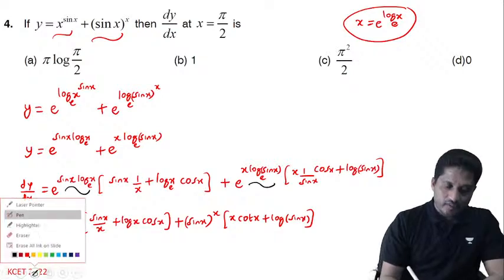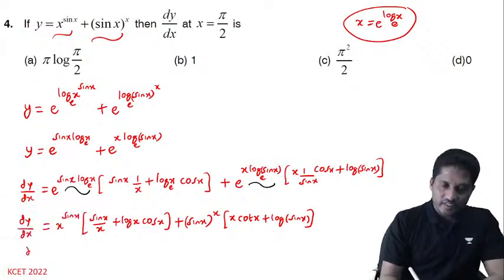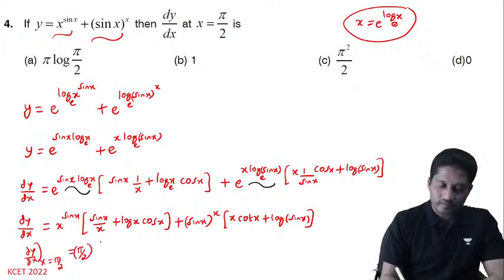Now if I substitute in dy by dx when x is equal to pi by 2. So this is pi by 2 whole to the power of sin 90, which is 1. Again sin 90 is 1, this is pi by 2 plus this is log of pi by 2. Right? And then cos 90 is 0.